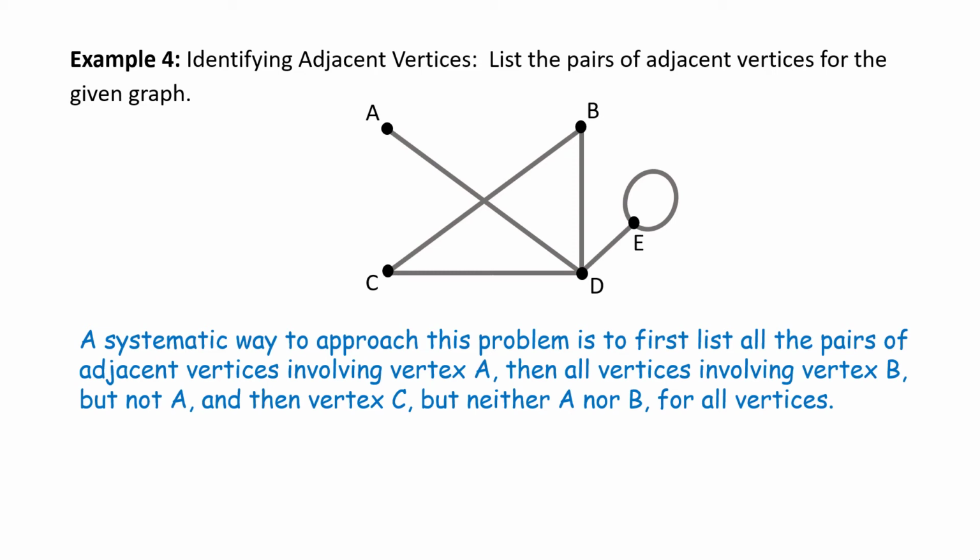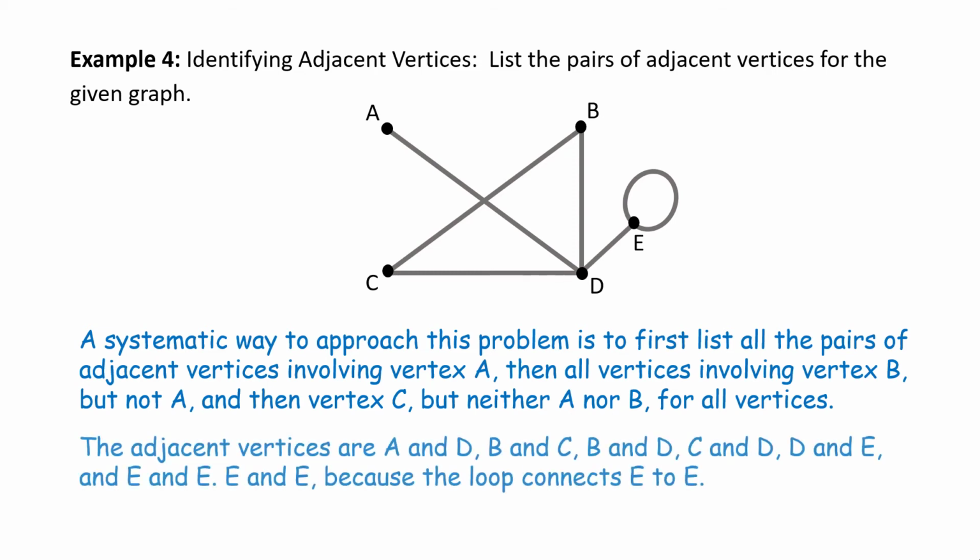With this system in mind, the adjacent vertices are A and D, B and C, and B and D, C and D, D and E, and E and E. E and D because the loop connects vertex E to vertex E.